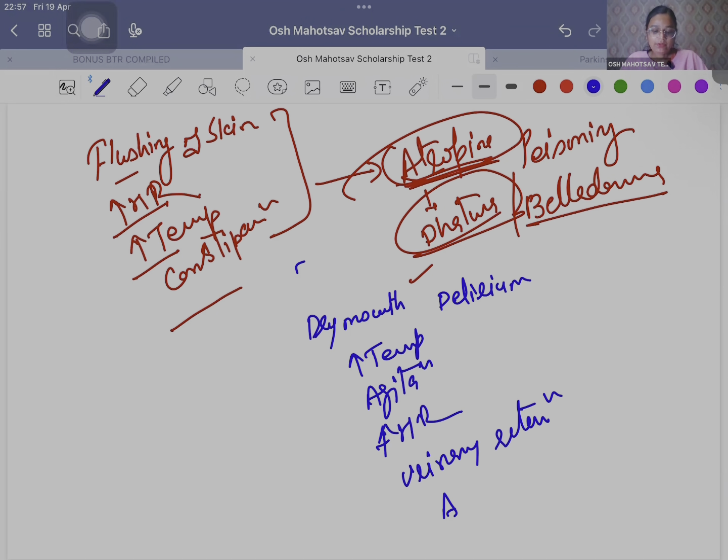Then you can ask me. Soon I am deciding to create small revision classes for every subject. Like for patho, in 1 or 2 classes we will finish full patho. So we come to variant 1, third question.